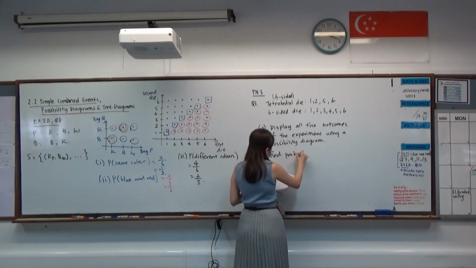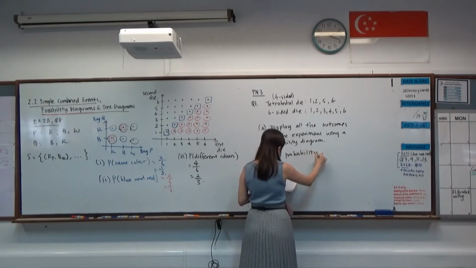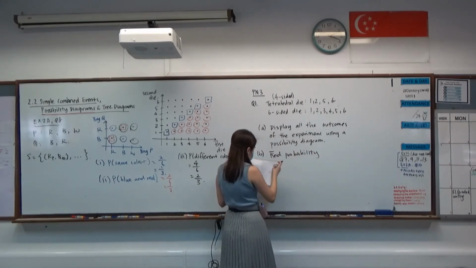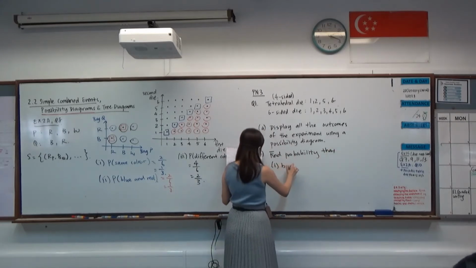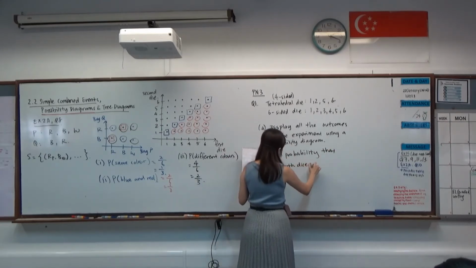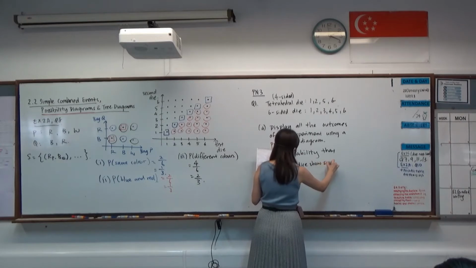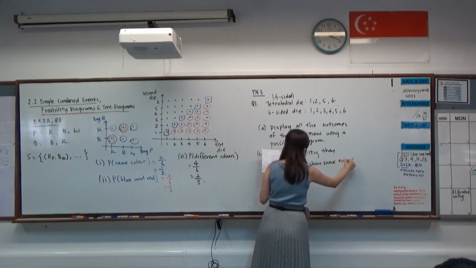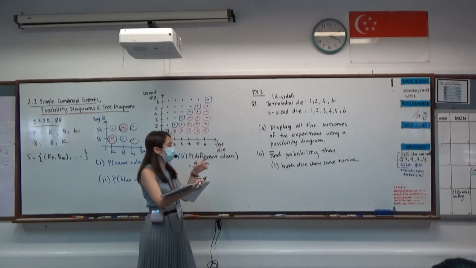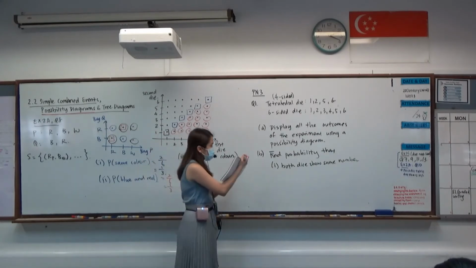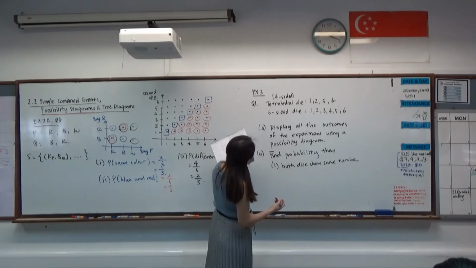And then using that diagram, I want you to find the probability of the 3 different scenarios that are given. Okay, so I'll give you about 5 minutes to do.